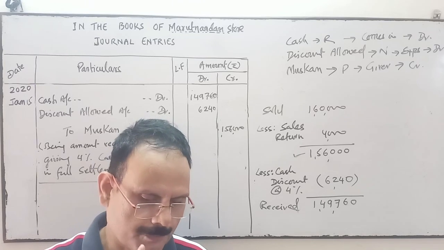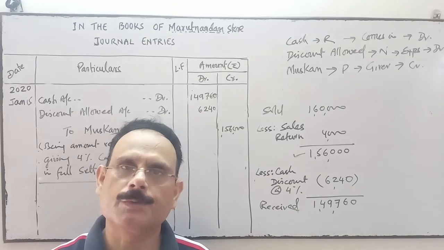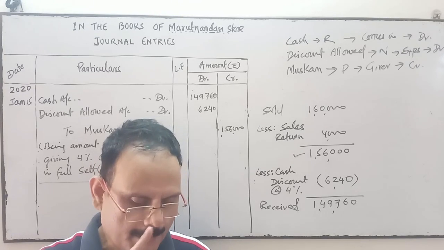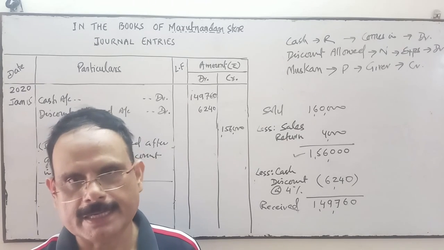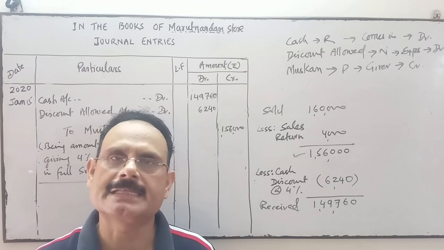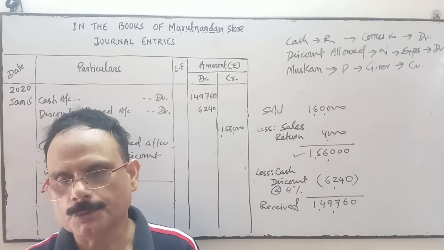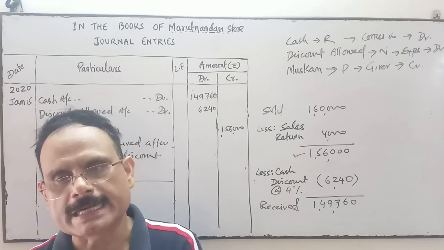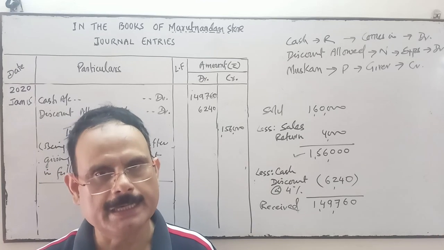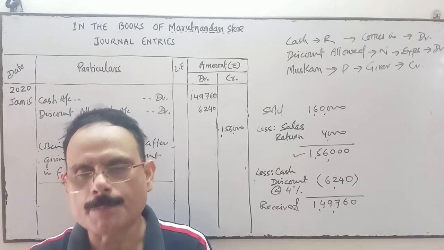The rules of real account: what comes in is debit, what goes out is credit. The rules of nominal account: all expenses and losses are debited and all incomes and gains are credited. When we know all the rules of these 3 different accounts under the traditional approach which was developed in England, then we can easily apply it.